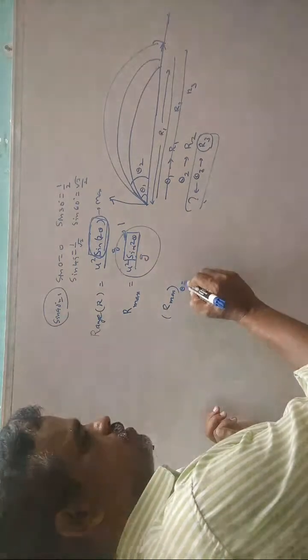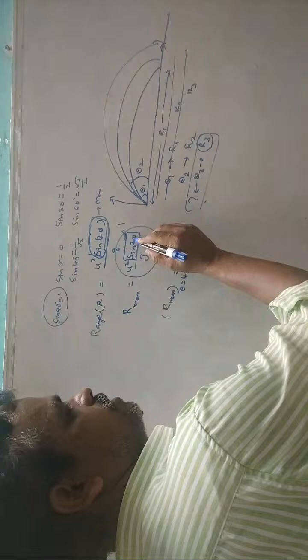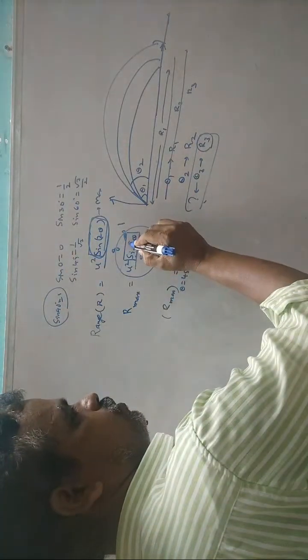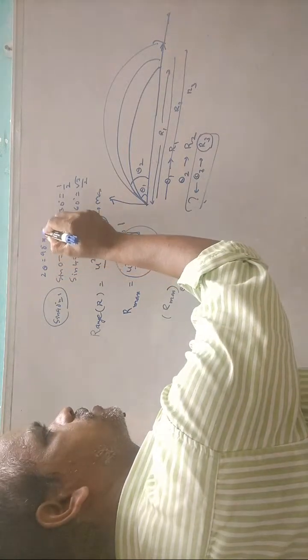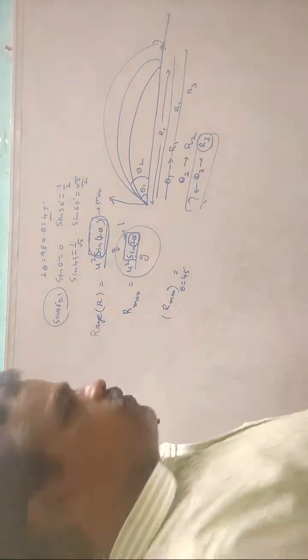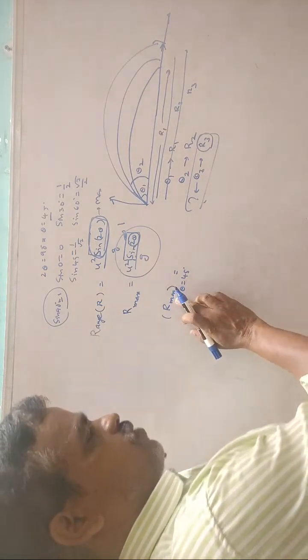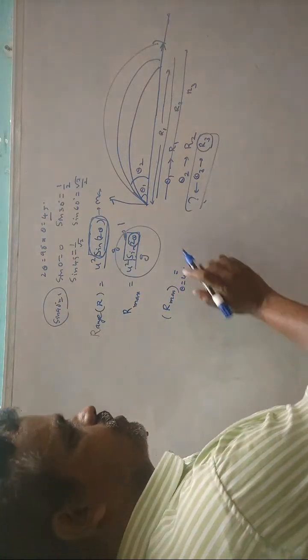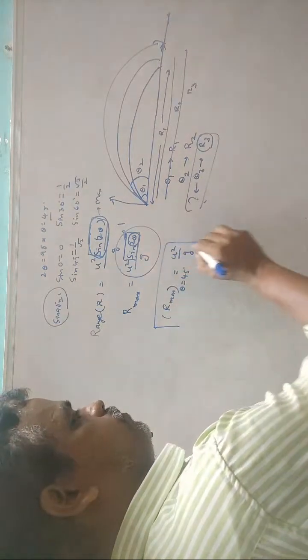So R max at theta equal to 45, sine 2 theta is sine 90, which is 1. So 2 theta equals 90 degrees, and theta becomes 45. So maximum range is possible when theta equals 45, and then R max is equal to u square by g.